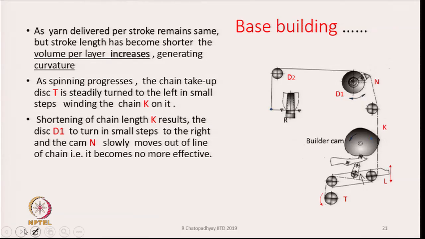As spinning progresses, that is, as the bobbin building goes on, the chain take-up disc T steadily turns to the left in small steps. This disc here is going to wind this chain like this, as you see the path shown here, with the help of a ratchet and a pawl or catch kind of mechanism.